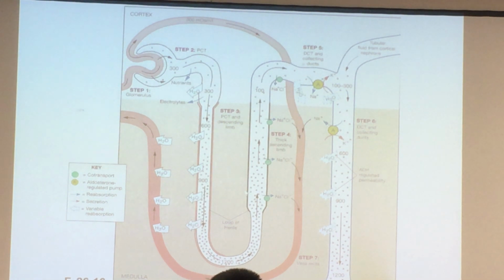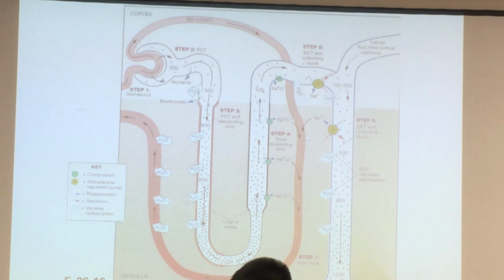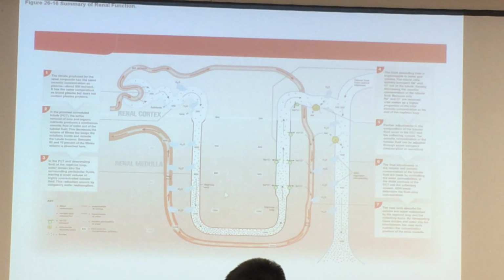And the loop of Henle is also countercurrent. This is the ascending limb of the loop of Henle, and the blood capillary, the peritubular capillary in the medulla, the long one, we call the vasa recta. It is also countercurrent, one up and one down, so they can quickly remove this sodium or chloride. And in your new edition, they use a two-page spread, both sides, to show you the countercurrent.